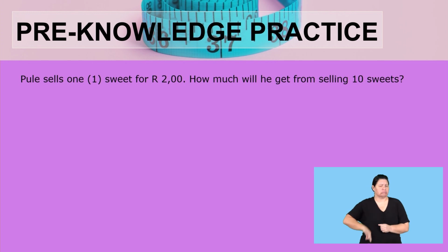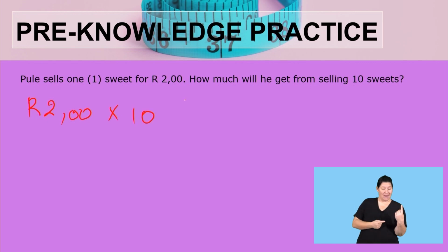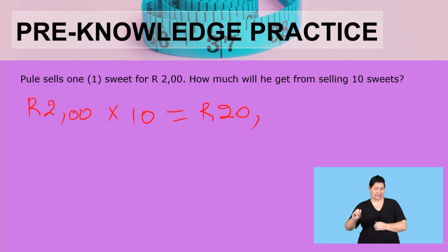So if he sells 1 sweet for 2 rand, then for us to calculate, we will write the 2 rand and multiply it by 10 sweets, because remember, 1 sweet is 2 rand. So if we multiply, we can press the calculator together. 2 multiplied by 10 is 20 rand. So when he sells 10 sweets, he will get 20 rand.